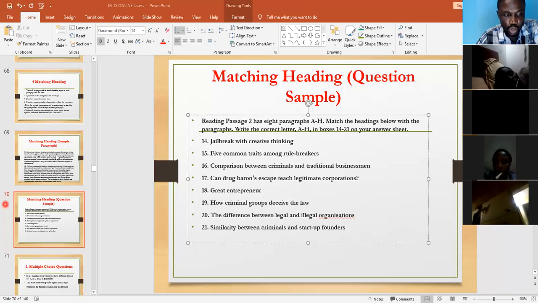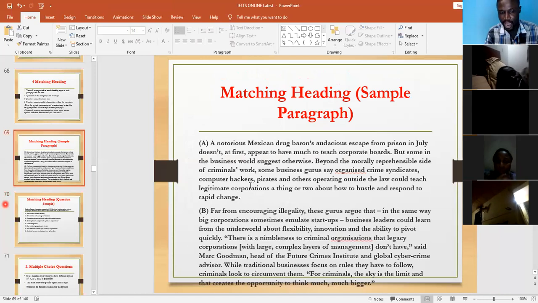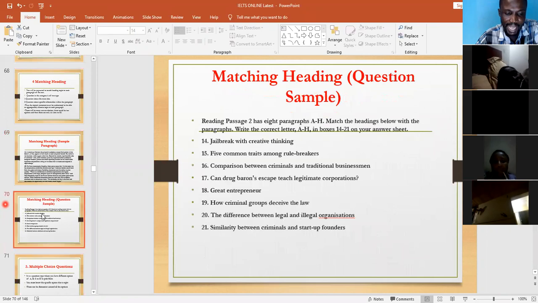So now let's go back to the reading paragraph. We have read paragraph A, and we have known the main idea of paragraph A and the specific information given about it. So we will now check the question options and determine which of these options matches paragraph A. Is it jailbreak with creative thinking, five common traits among rule breakers, comparison between criminals and traditional businessmen, or drug barons teach legitimate corporations?